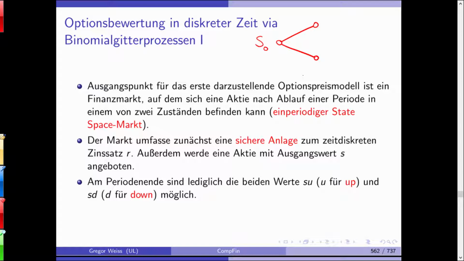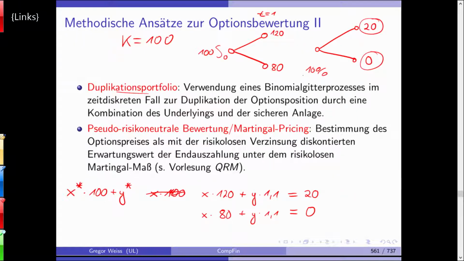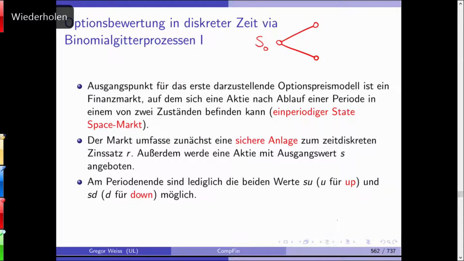Yeah? If you put those balls back into the lottery. And this is the same setting here. You have two states, it can go up, it can go down. And we've just seen here that it's quite simple to come up with the price of the option. You simply have to duplicate it with the risk-free investment and the underlying.